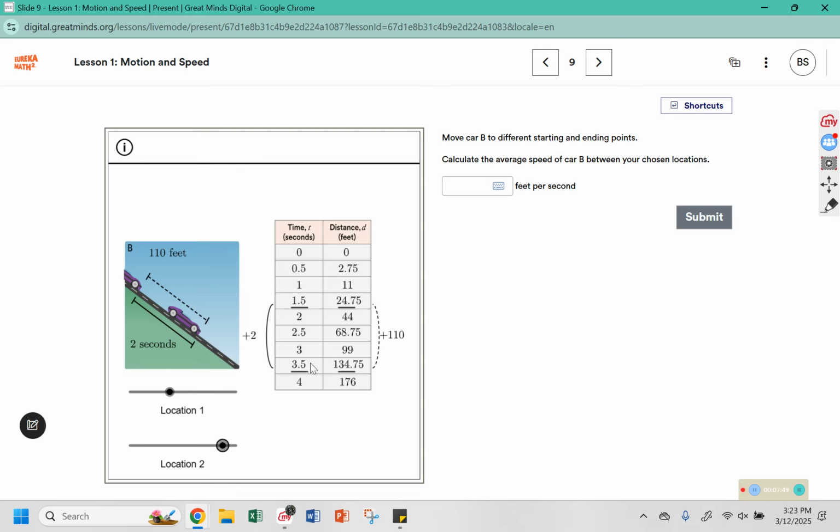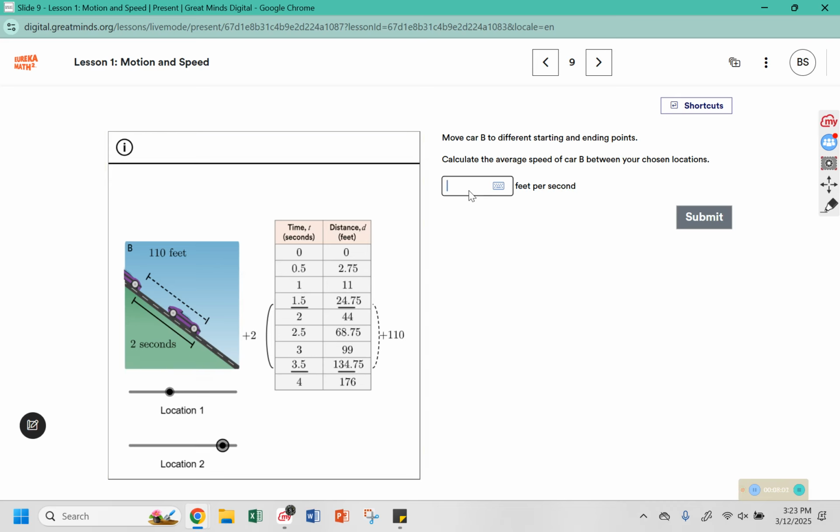From 1.5 to 3 seconds, that's a time difference of 2 seconds. And from 24.75 to 134.75, that's a difference of 110 feet. 110 divided by 2 gives us an average speed of 55 feet per second over that time interval.